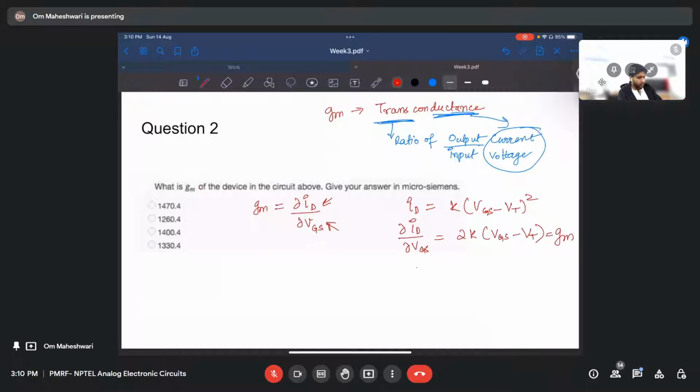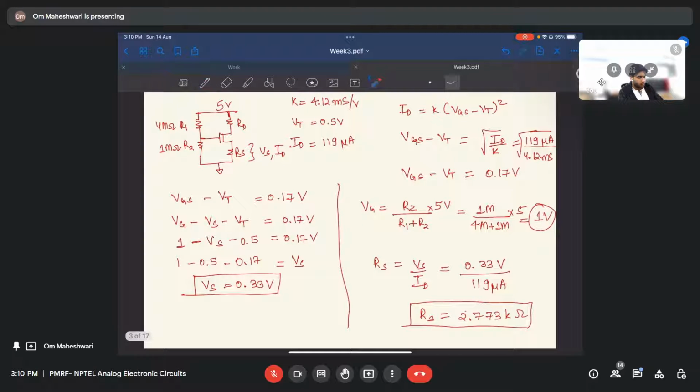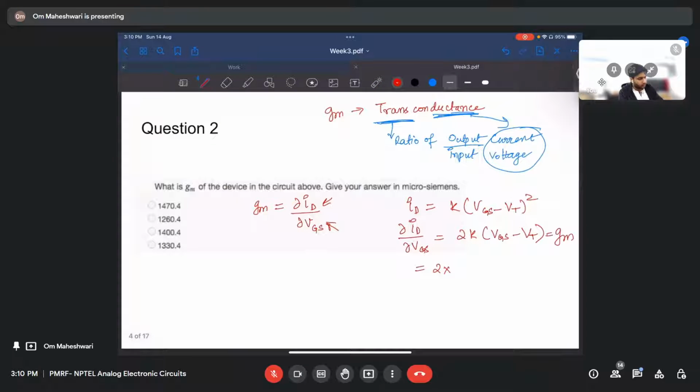So let's put the values now: 2 into K, which was 4.12 millisiemens per volt, into VGS minus VT, which was 0.17 volts.